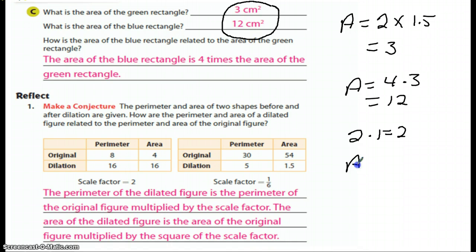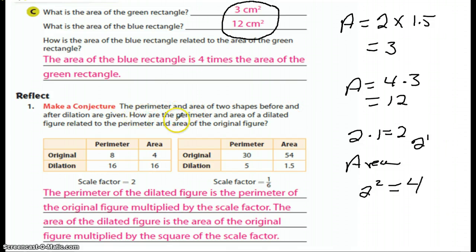With area, you're doing 2 to the second power, which is, of course, 4. And this is very important right here. Please make sure that you understand this concept as far as the area and the perimeter.